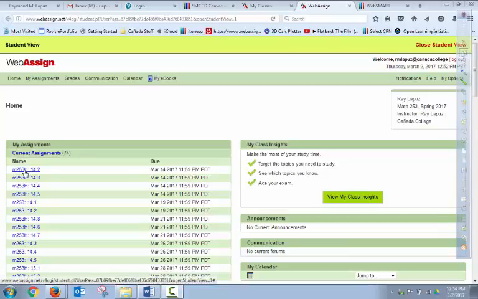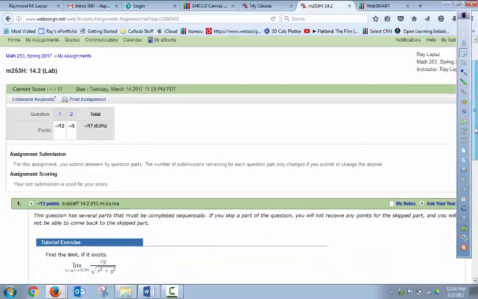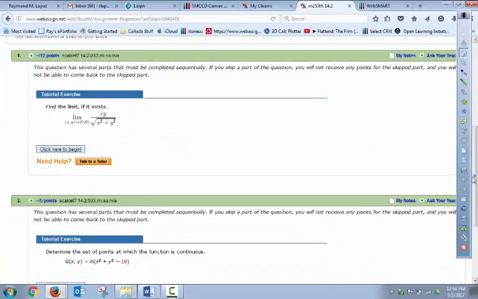So let's see if we can solve for these questions that they have in the tutorial exercises. And I'm hoping the bigger issue is not the concept, but just inputting whatever they're asking for.